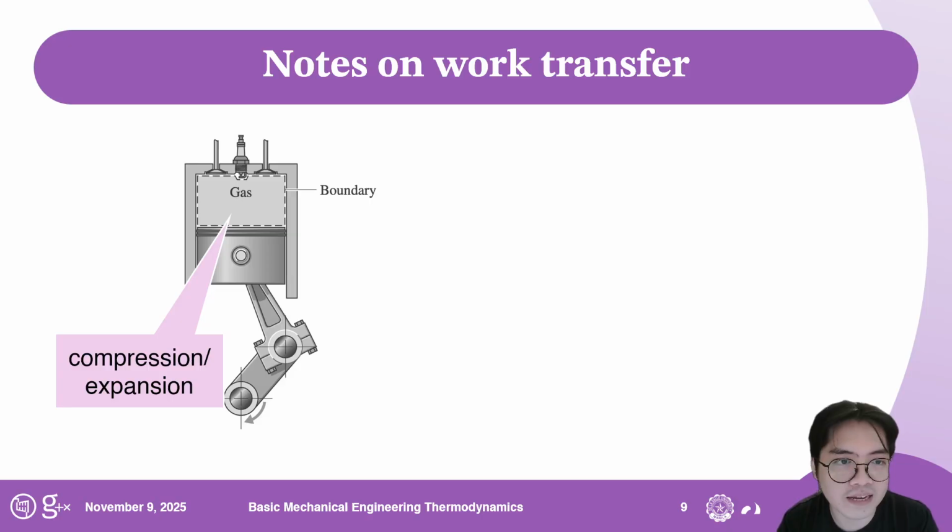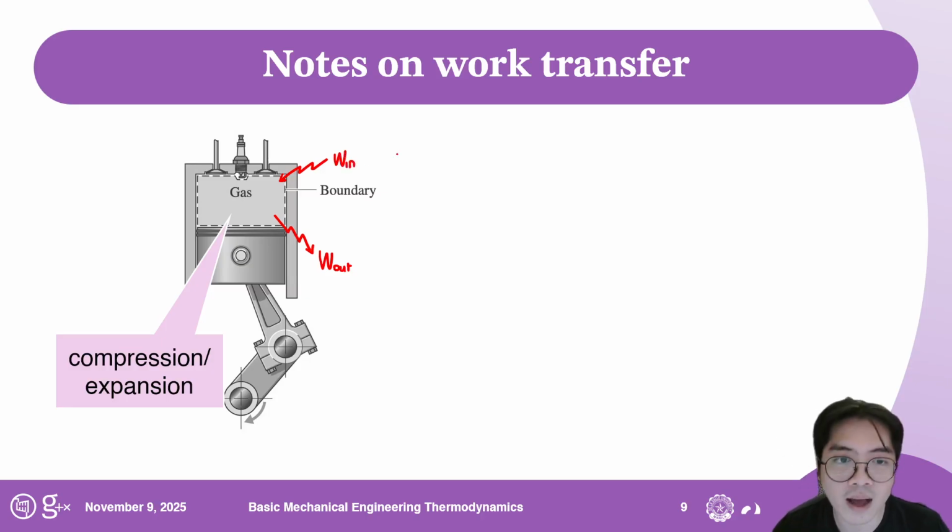That will be negative work. That work goes into the system. However, if the system now expands, that is now expansion, that is now work out, so work is being done by the system. So this is work out, and this is work in.